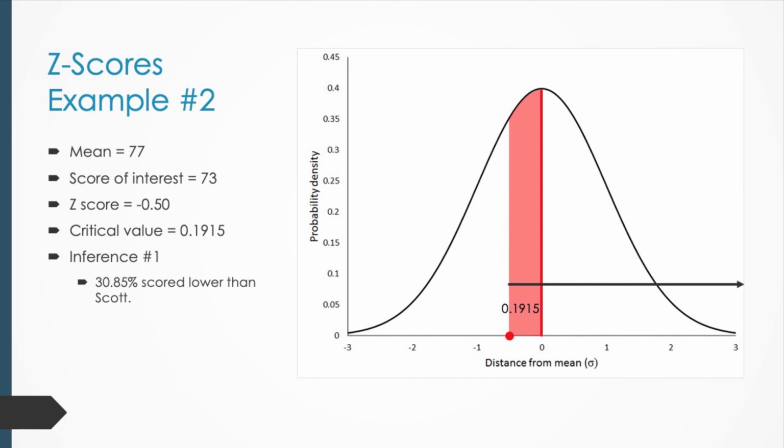So all we have to do is add that critical value space again, 0.1915, and then add that to the 50% of observations that are to the right of the mean, and then we end up with 69.15. So you can just kind of follow along the arrow, and this means that 69.15% of students scored higher than Scott.